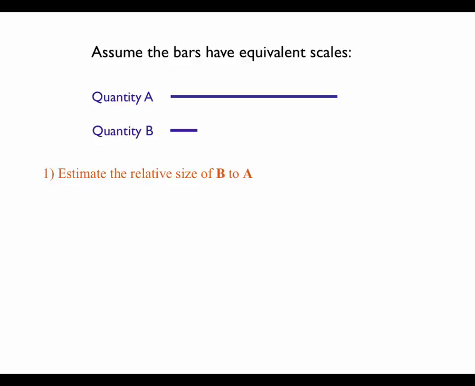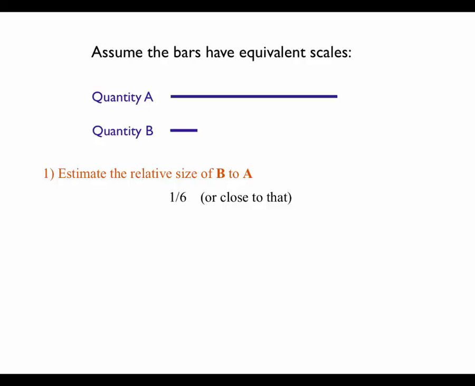One more. This is the relative size of B to A. The relative size of B with respect to A. Go. Okay. If you said 1/5, 1/6, you're in the ballpark.